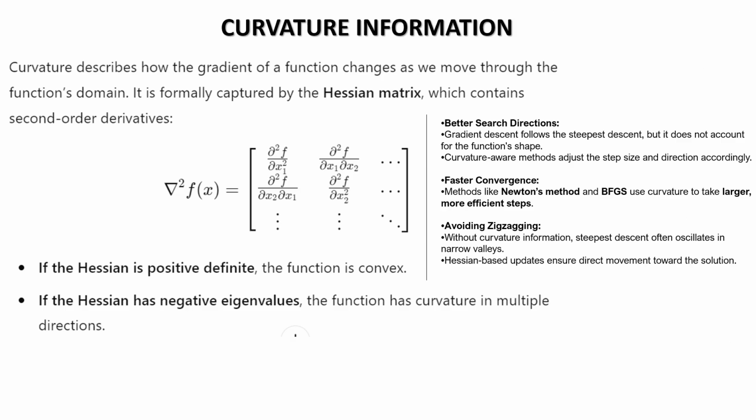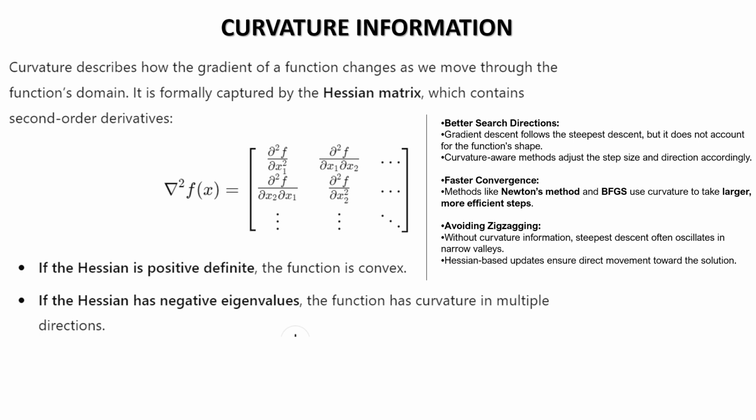Just to remind you, curvature information is what we get from knowing the Hessian matrix form. Curvature describes how the gradient of the function changes as we move through the function domain. It's formally captured by the Hessian matrix, which contains second-order partial derivatives in some direction.